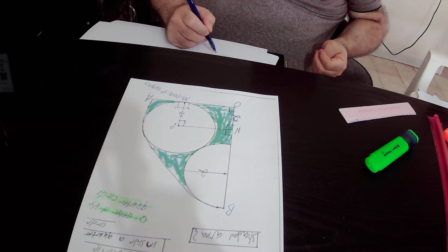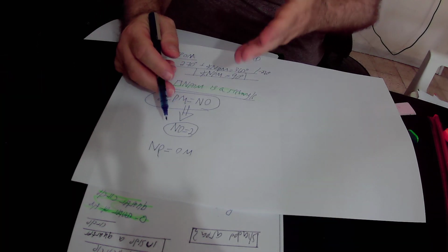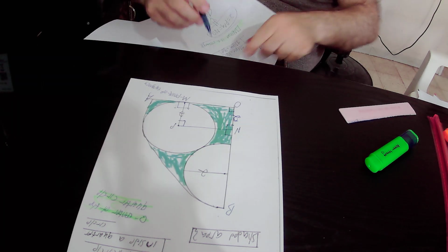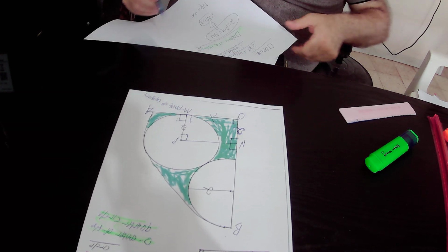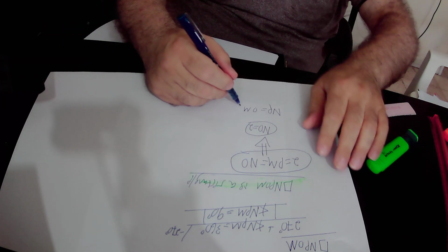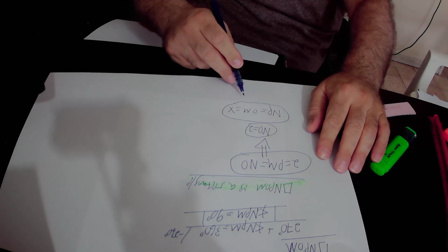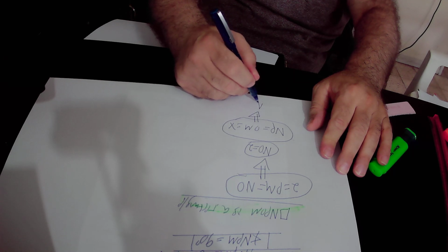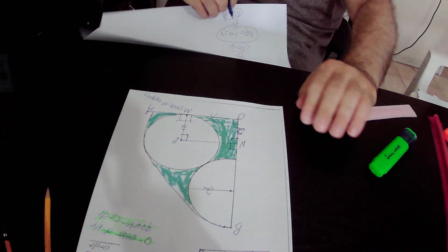So if we define side OM as x, then from this equation NP equals OM equals x, we will derive that NP is also equal to x.